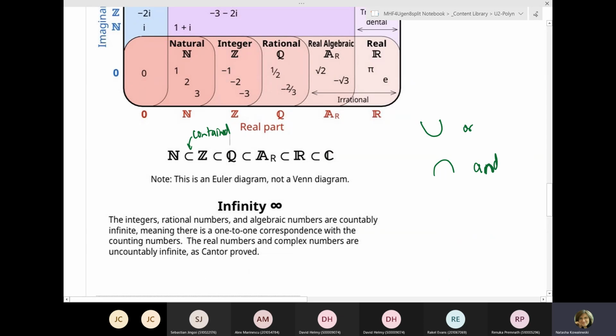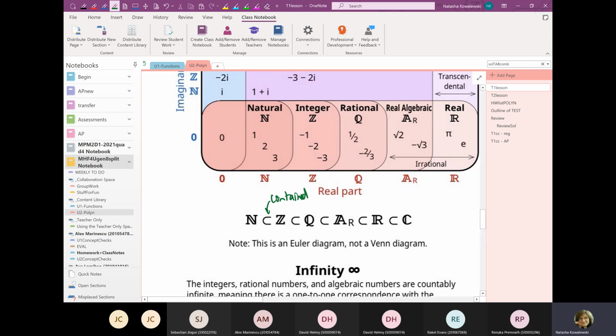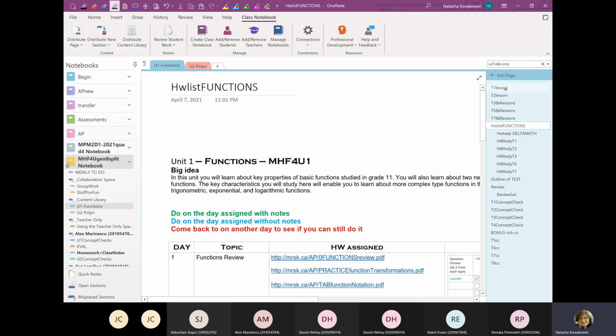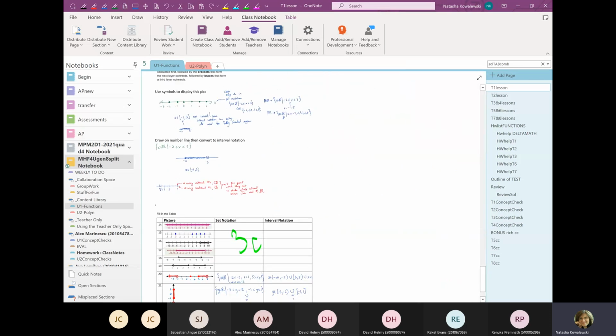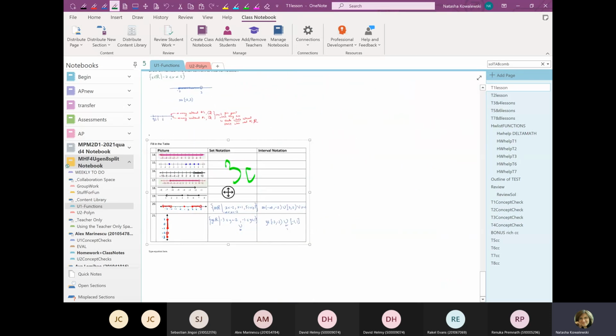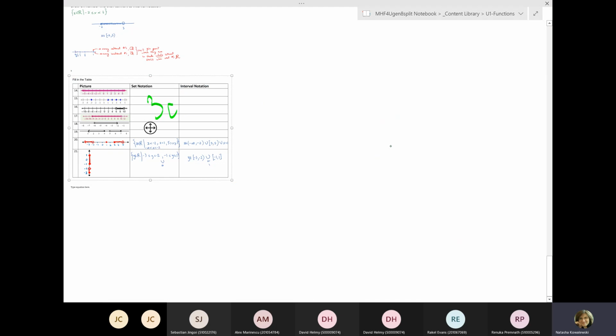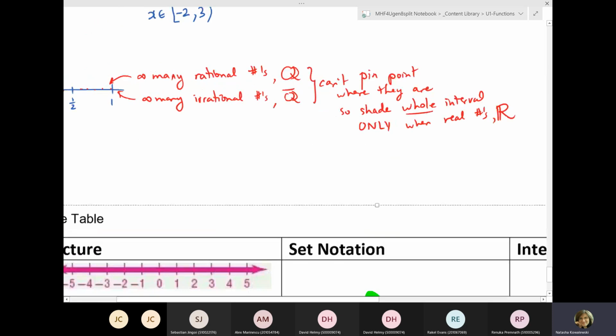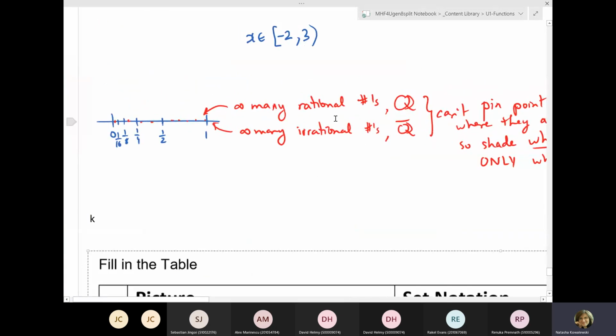So I kind of mentioned that before, when we were doing, was it topic 1 lesson on the very bottom? Yes, I kind of mentioned this before. I said over here, I'll zoom in. I said that the ones that I could kind of pinpoint were rational numbers, right?